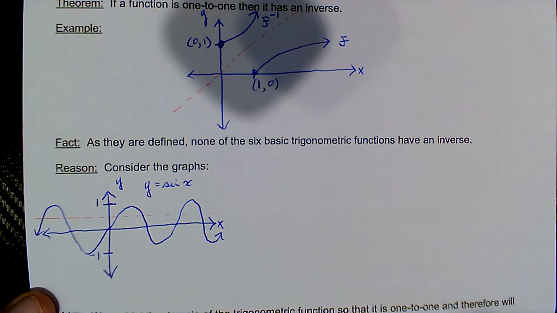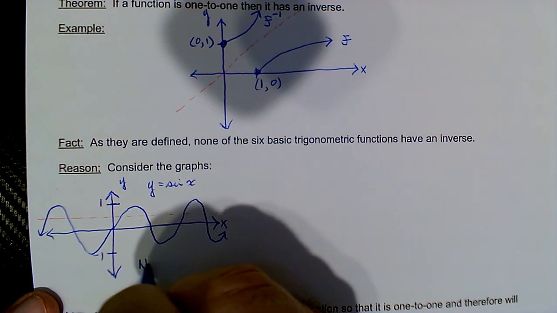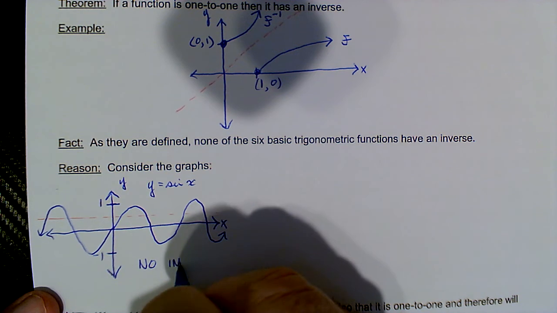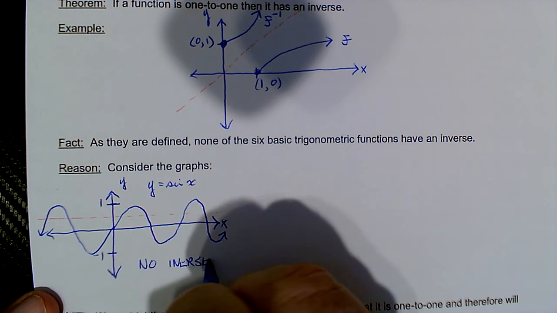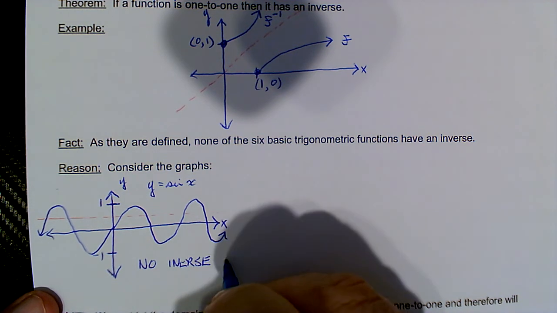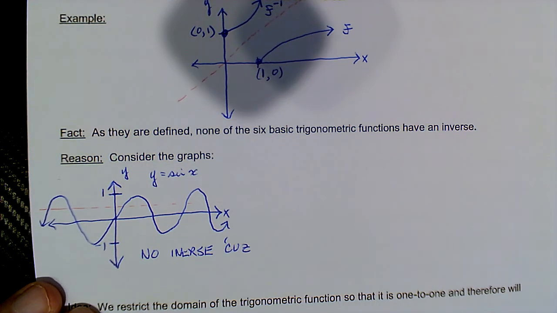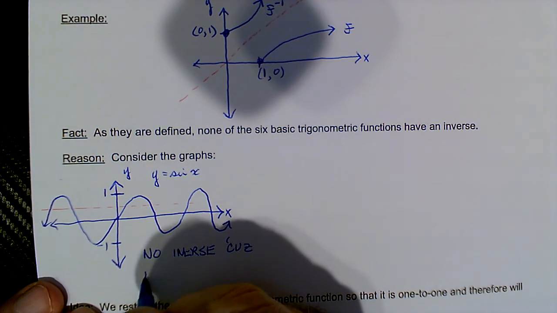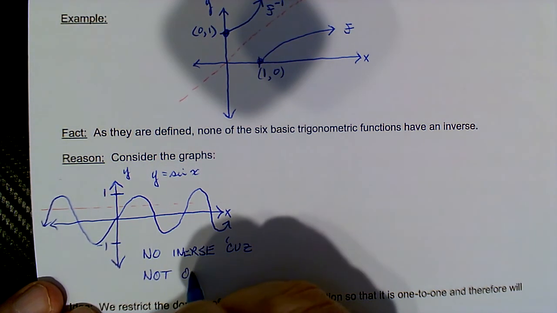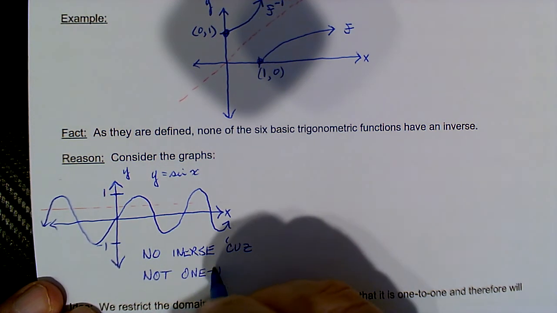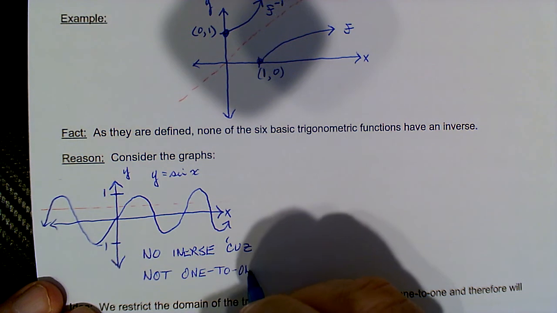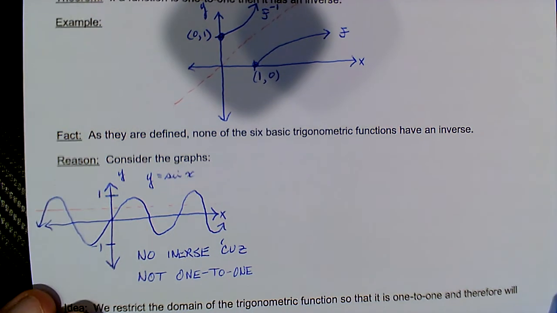So sine is not one-to-one, because it does not pass the horizontal line test, and therefore there's no inverse.